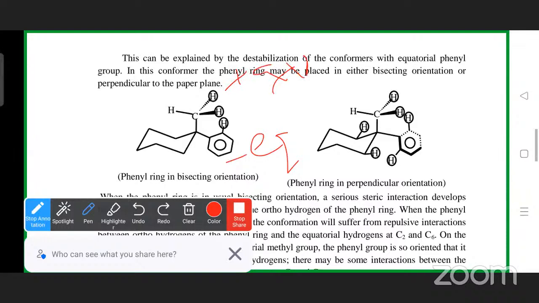So the phenyl group and the methyl group are on the same plane, and they are interacting here. So these are interacting with each other. You can see the interaction.